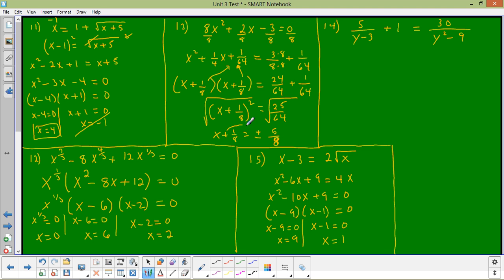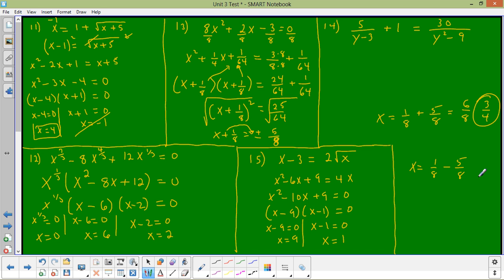Bring the 1/8 over, put it in front, and you have two answers: 1/8 plus 5/8 and 1/8 minus 5/8. Well, that of course obviously is 6/8. Probably should be reduced, right? To 3/4.